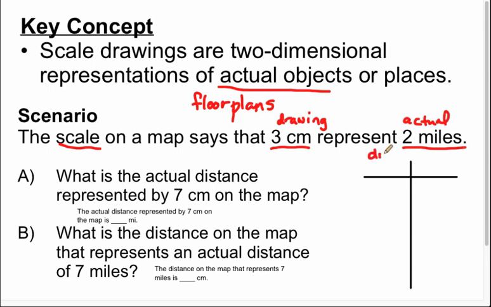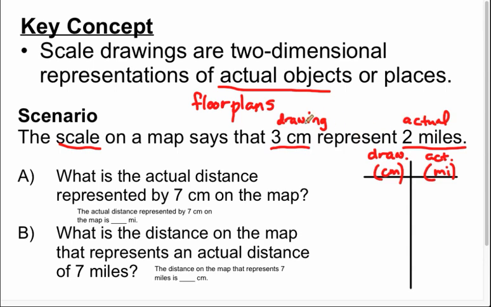I write the drawing measurements and I abbreviate. I just write draw, and then I write actual, and I abbreviate that by writing act. Now, what are the units that are involved in my drawing? Centimeters. And what are the units that are involved in actual real life? Miles.